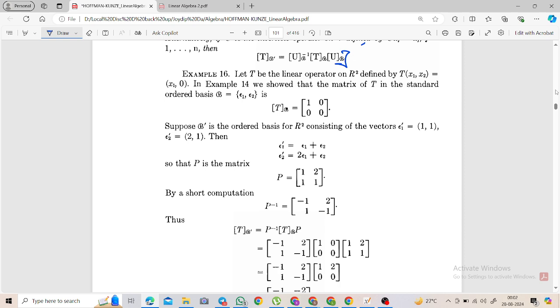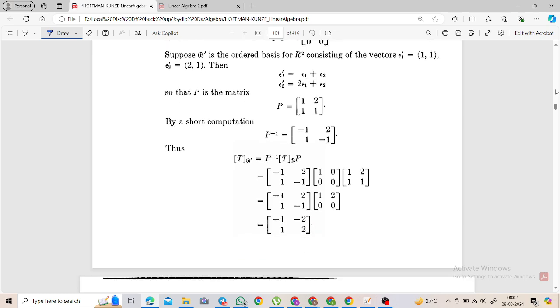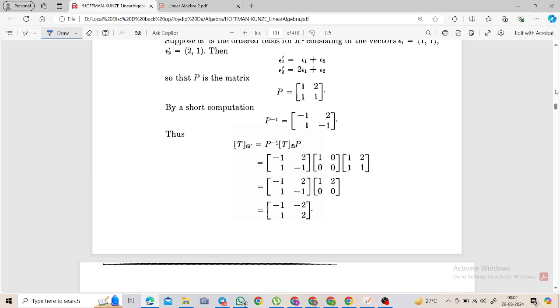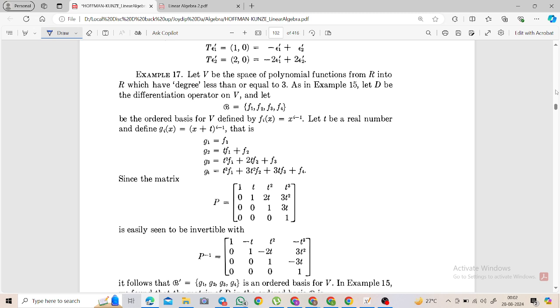Now they are trying to compute the change of basis matrix. What is that? See, they have basically written the new basis in terms of the old basis, and P is the matrix, and P inverse AP is basically the matrix of T with respect to the new basis. Okay, this is just computation. The same thing they are doing here.